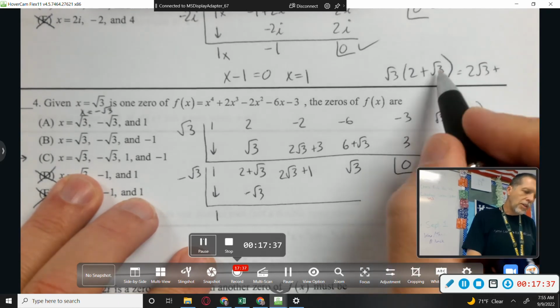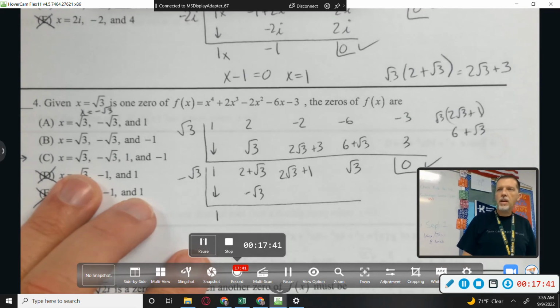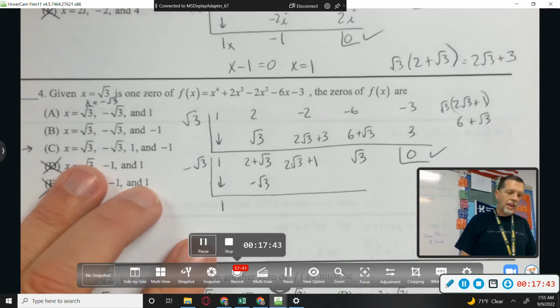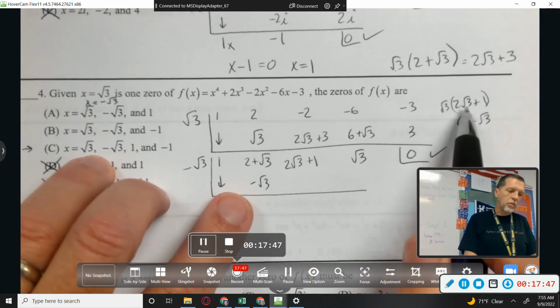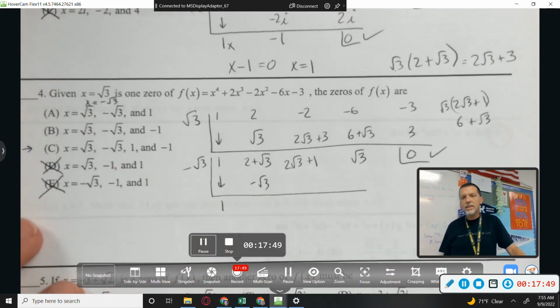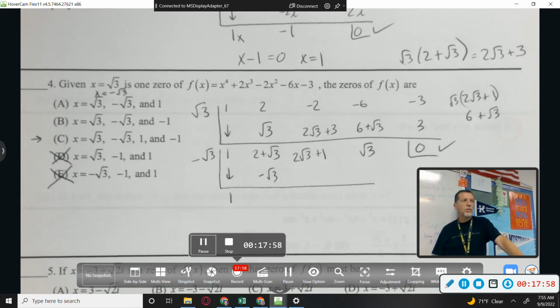And then root 3 times root 3 is just 3. When I did it, I didn't write that one out. But I did write out the next one because the root 3 times 2, that was a lot to carry in my brain all by itself without writing something down. Although this time through, things work out quite nicely.